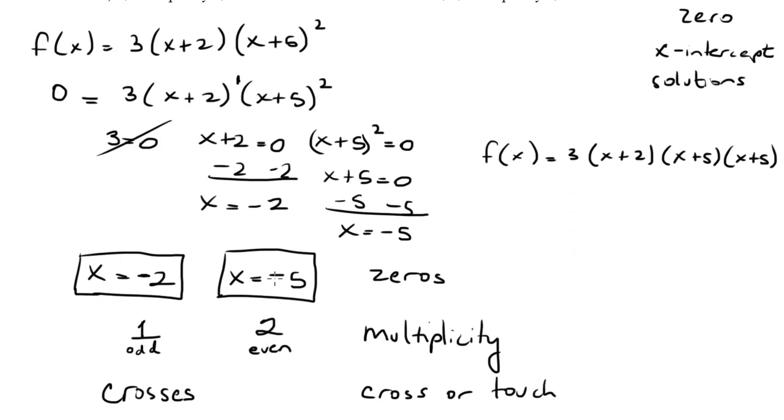Even multiplicity means the graph touches the x-axis at the 0. We're talking about behavior at the 0. So at negative 2, the multiplicity is 1, so it crosses the axis. At x equals negative 5, the multiplicity is 2, so it touches the axis.